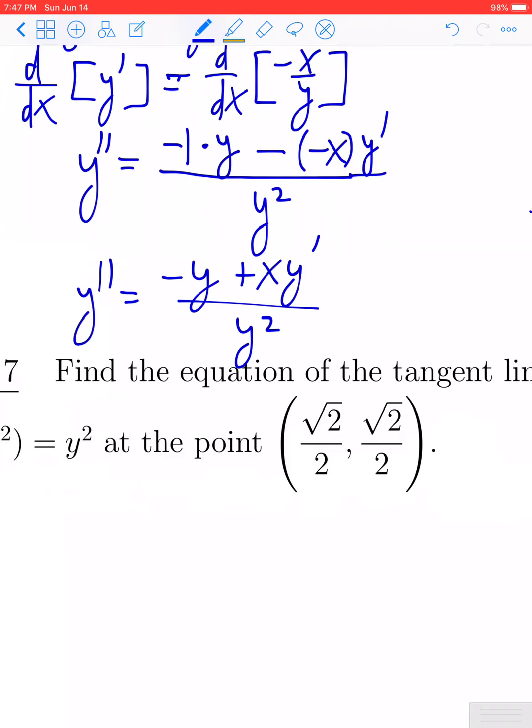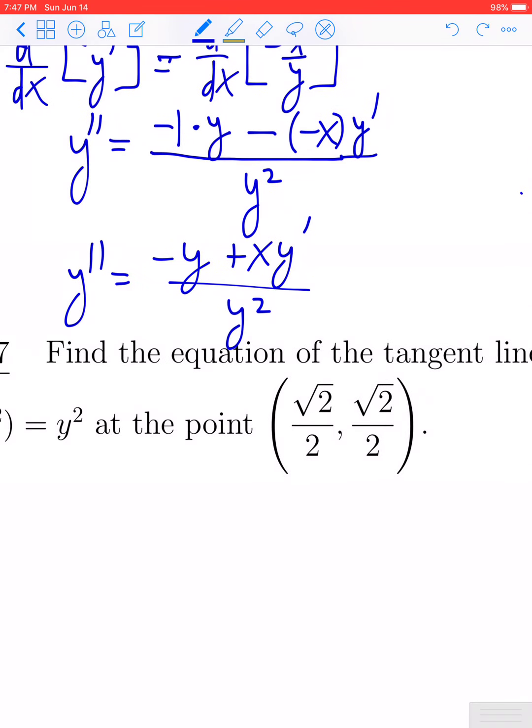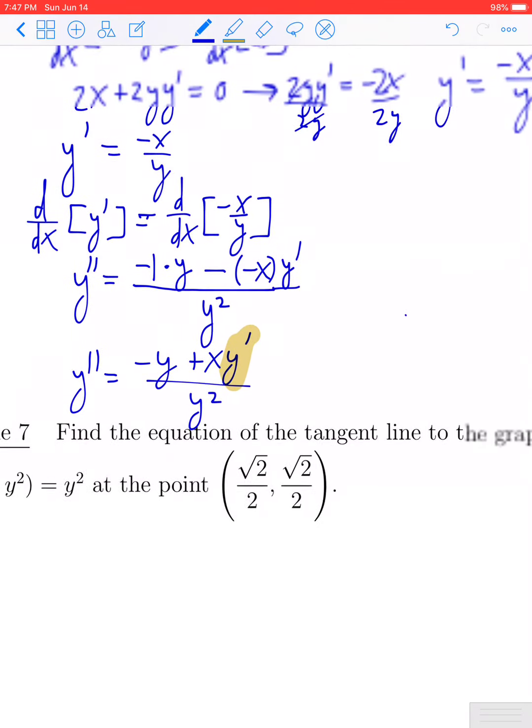And seemingly it might look like we're done here, but there's just a little bit more to do, because even though the second derivative will also be implicitly defined, we don't want to have the second derivative dependent on any previous derivatives, meaning we really want to eliminate this y prime term. Ultimately, the goal is to write the second derivative as an equation that equals stuff involving only the x and y variables. So we need to make a substitution here.